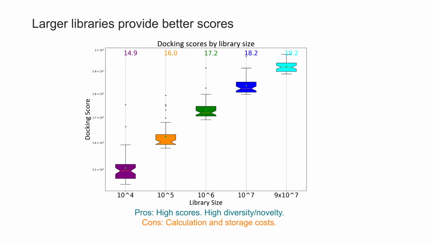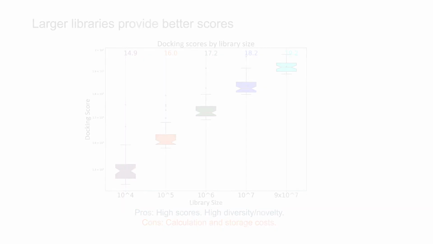What we're looking at here are the scores for the top 50 molecules in each of those sets. And as you can see, they increase monotonically with every increase in library size. So if you believe the scoring functions are worth something, and they certainly are, these larger libraries have better hits. So there's going to be better hits, possibly some interesting structural diversity. Unfortunately, of course, the calculation time will scale more or less linearly with the number of molecules in the database.